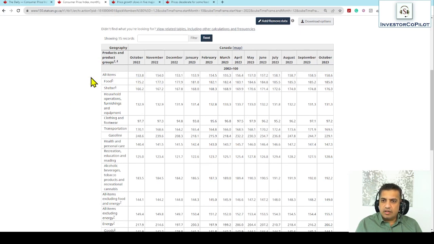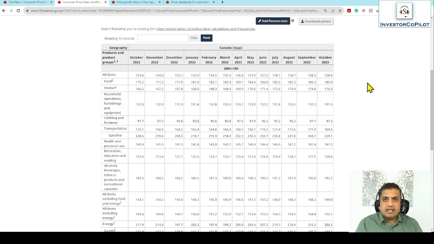So you see a header here for the products and product groups. All items, October 2022, it was at 153.8, and October 2023 is at 158.6. So there is a 4.7 numerical difference between these two figures. Now, how to interpret this?